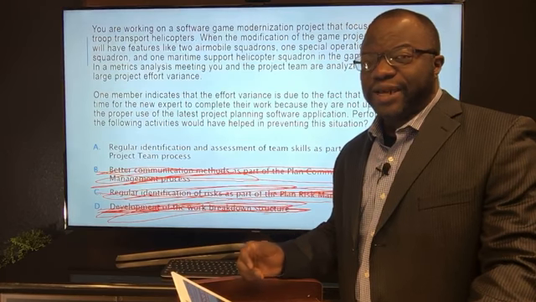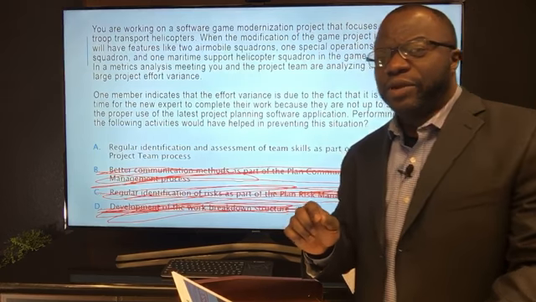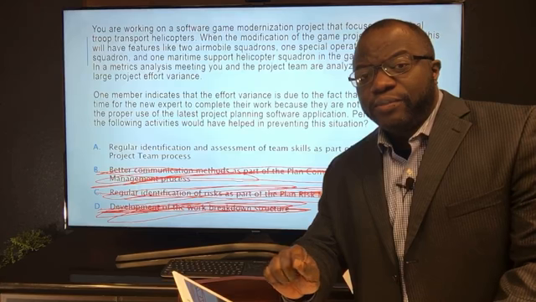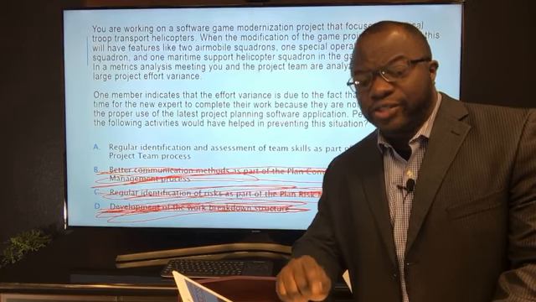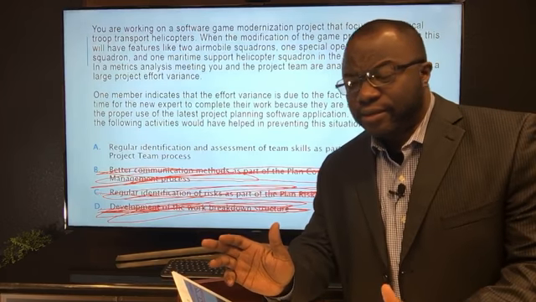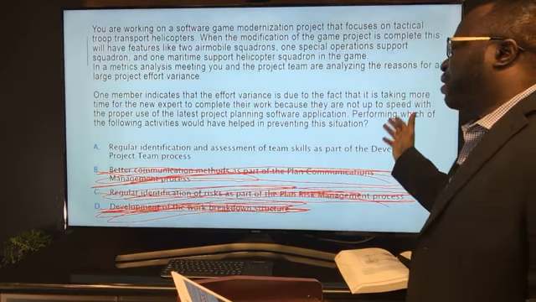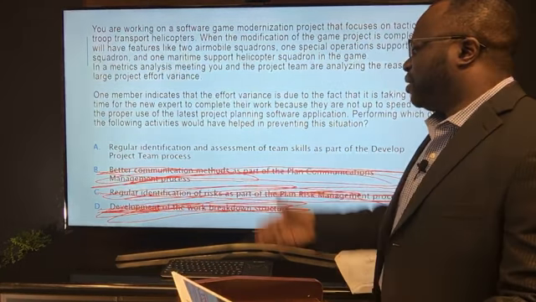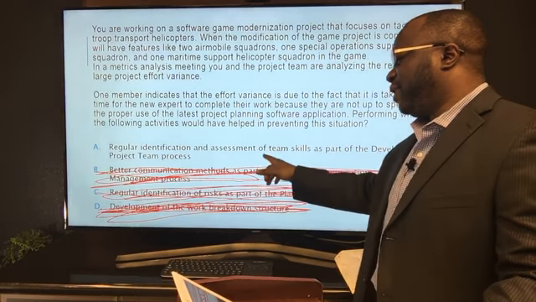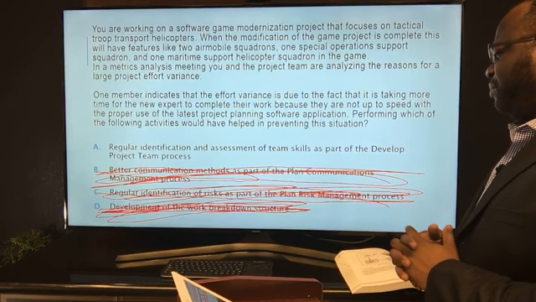It could be gleaning data. When you see things like this, Amjid, and it's a very good question, these are the distractors that they put in there. They put stuff in there to make you scratch your head about what is not even relevant. That is not our concern. Bottom line is this new expert is not completing their work because of this problem. How do we get them up to speed with this? The answer is going to be A, regular identification and assessment of team skills.